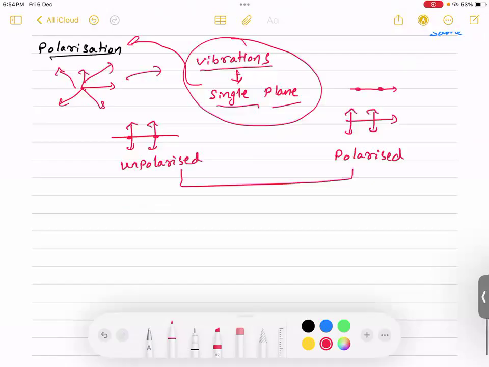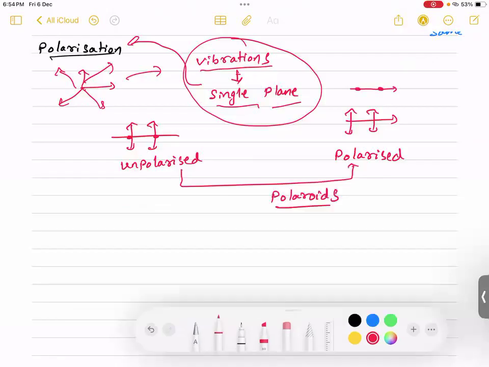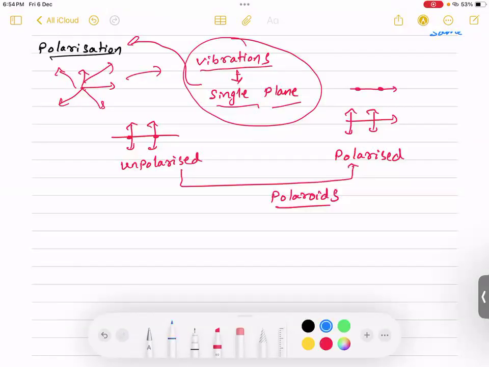So what is Polaroid, students? A device which converts what? Unpolarized light into polarized light. That is what we call a Polaroid. You know where Polaroids are used?